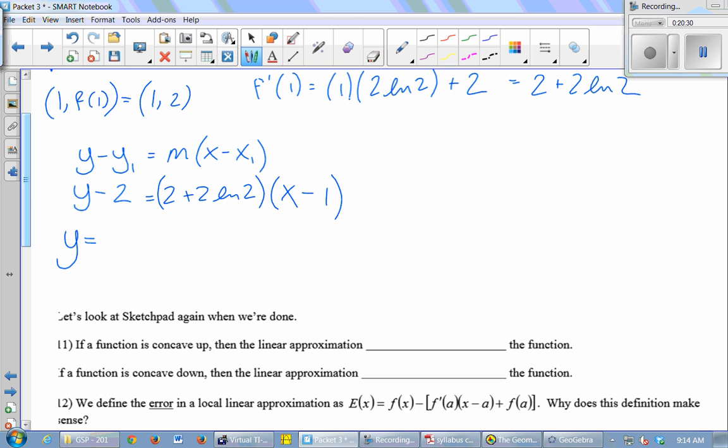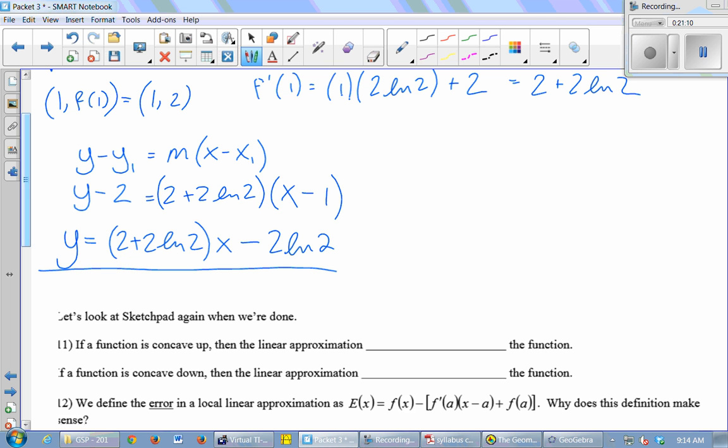Just move the 2 over, and if I distribute this, I get 2 plus 2 ln 2 times x minus 2 minus 2 ln 2, and then we have a plus 2, so this is minus 2 ln 2. Yeah, that's good. That's it. Everybody see what I did? I did like 3 or 4 steps in one there. All right, so that's the equation of my tangent line.